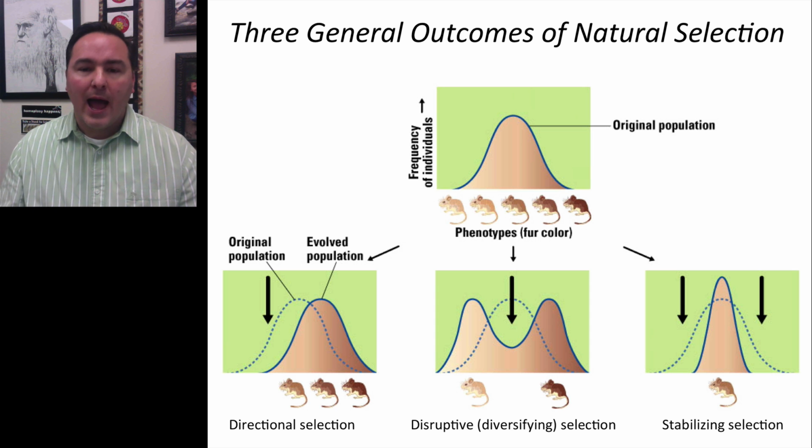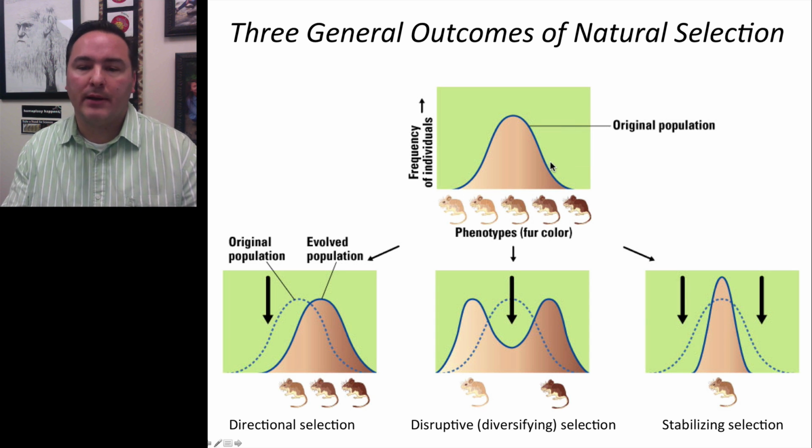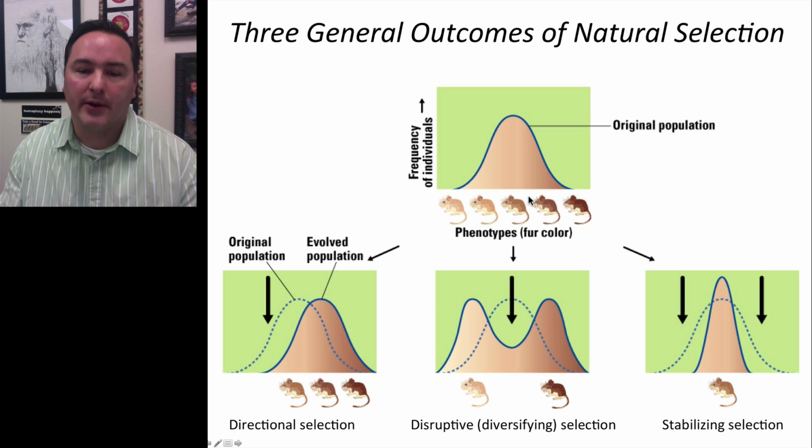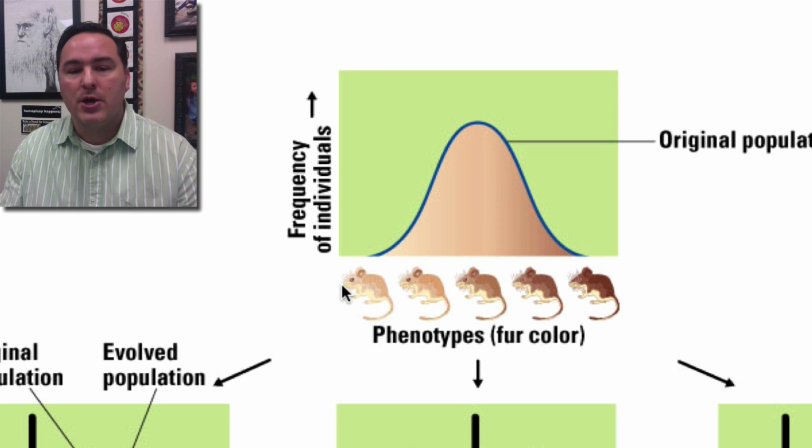Now the outcomes of natural selection, there are 3 main outcomes. So now we're going to look at an organism here and think about this in terms of an organism. Here we have this mouse, and you can imagine a population of mice where they have varying fur colors.